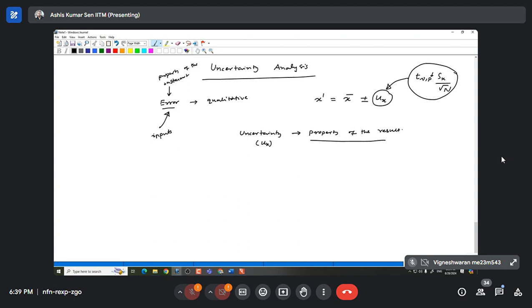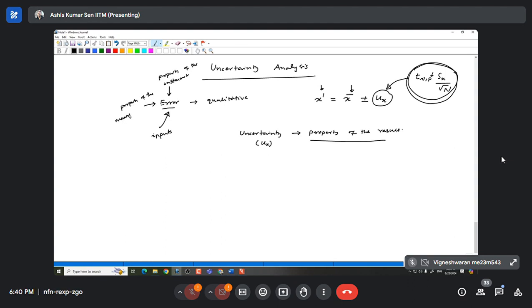So this is uncertainty. We are using the symbol UX. Now this data analysis that we went through for a finite data set is basically your uncertainty in the data, because this is the true value, and this is what you measure. So you say that my measurement involves error, but error is always qualitative. Okay, it can involve property of the instrument, it can involve property of the measurement.